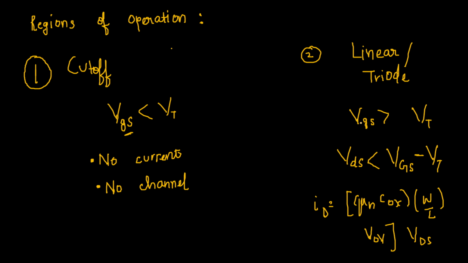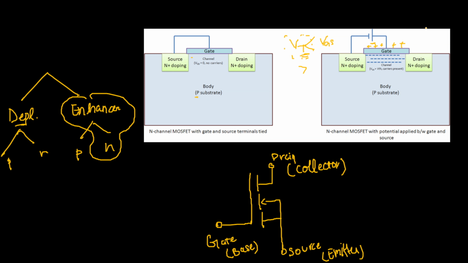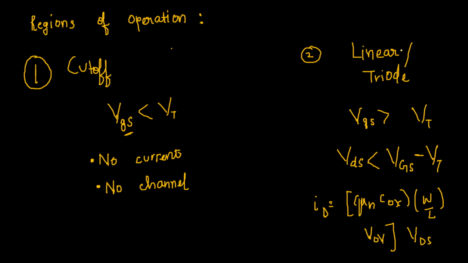Then we have the linear or triode region where the gate source voltage is greater than threshold voltage. That means you do have a channel and there is flow of current. And the second condition here is that the drain source voltage is lesser than the difference between VGS and VT. For the linear or triode region, we have a formula for drift current, which is mu n Cox into W by L into V overdrive into VDS.